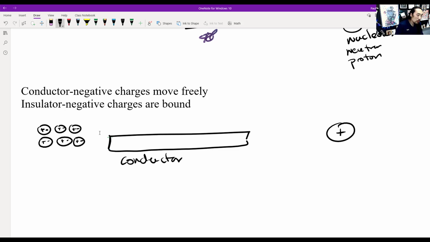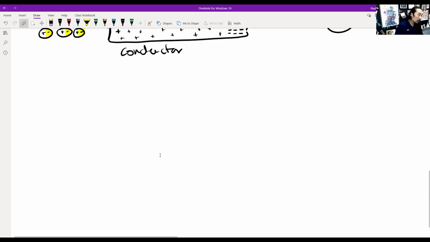If you bring a large positive source here, all of these negative charges that I drew would just zoom as close to the edge, as close to that positive source as possible, leaving the remainder of the conductor to be positive. Remember, those positive charges did not move. So polarization makes an object polarized: one side is positive, which is the left side here, and the other side is definitively negative. That's an example of a conductor.